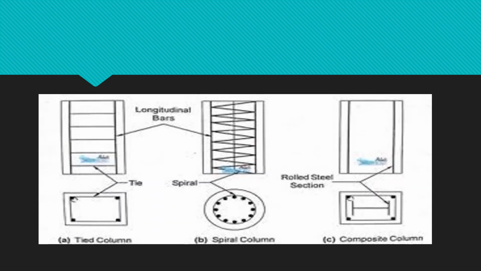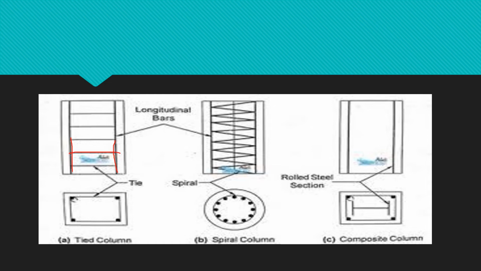So here is the classification of columns. First is a tied column. A tied column is a column in which the longitudinal reinforcement, which is this, is tied together with separate smaller diameter transverse bars, known as ties.